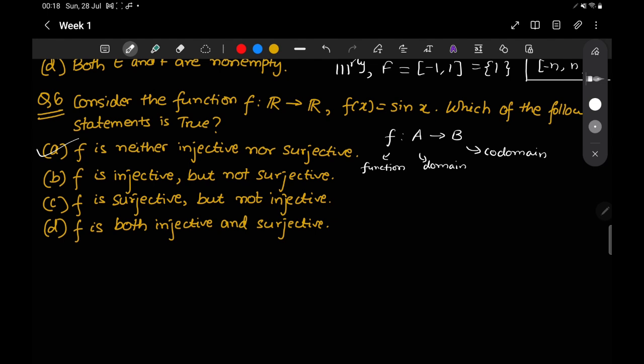Actually, range can be a subset of codomain. So a function is defined from a domain set to a codomain set.